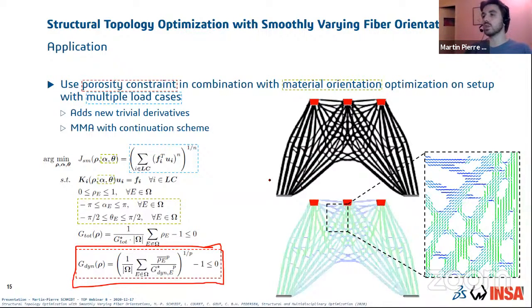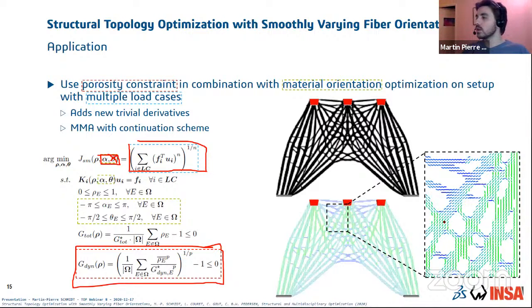We can see here on the design the density field on the right. We also have 3 different load cases aggregated with a softmax function, and we have obviously the design variable fields alpha and theta, where actually this is in 2D, so we don't have theta, so we're just optimizing for alpha. And you can see on the right the material orientation field for this specific solution.